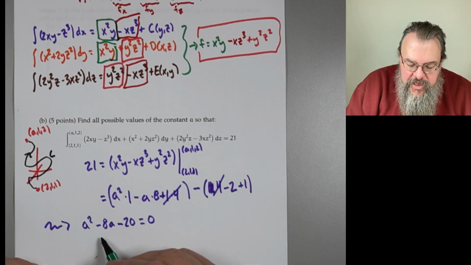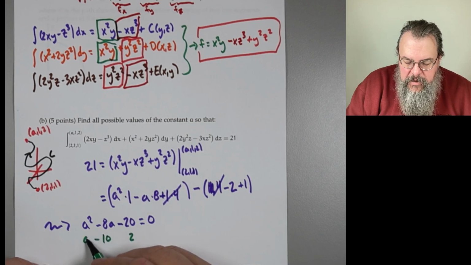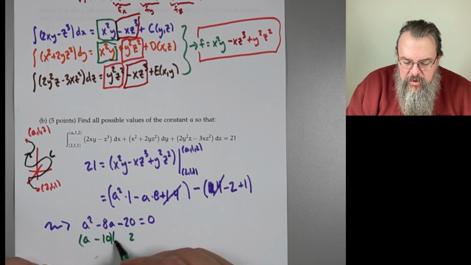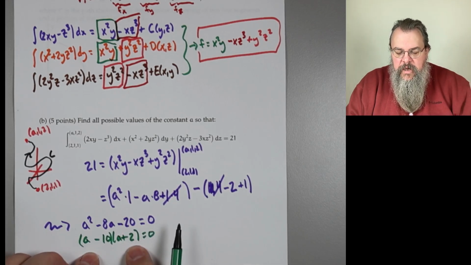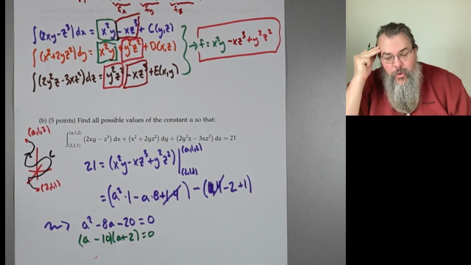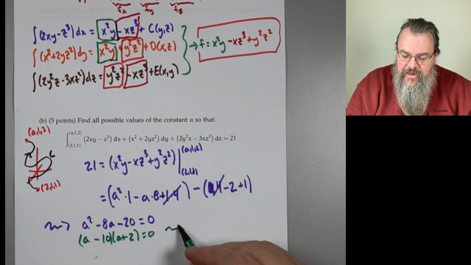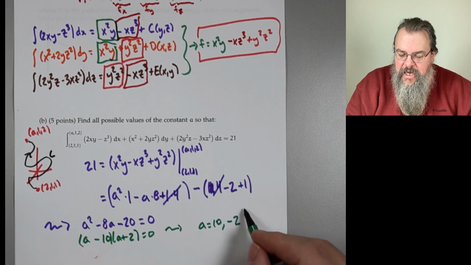How about 10 and 2? And let's see, minus 10 and plus 2. Does that work? A squared plus 2a minus 10a is minus 8a, and then minus 20. So that leaves us to the conclusion a equals 10 or negative 2.